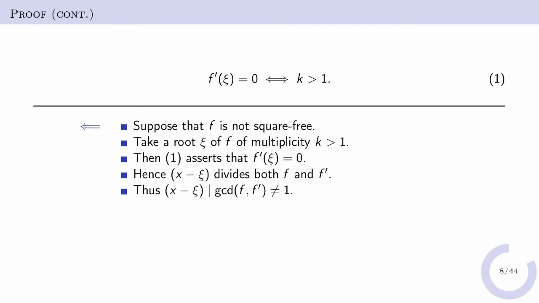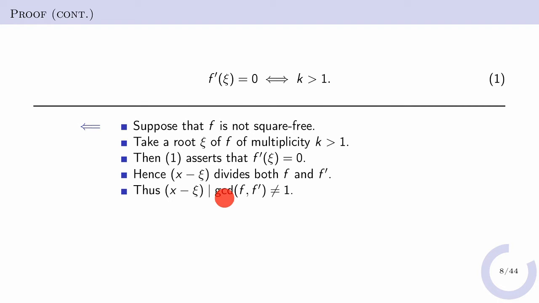But then x minus psi divides f because psi is a root of f, and x minus psi divides f prime because psi is a root of f prime. But if x minus psi divides both f and f prime, it must divide the greatest common divisor.